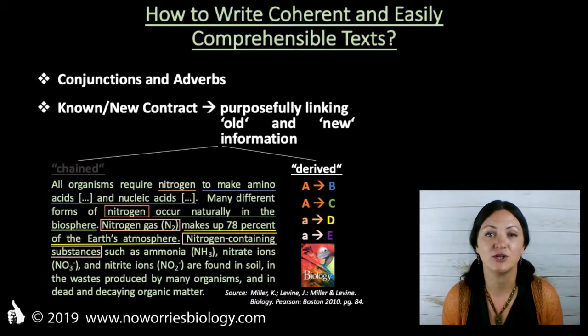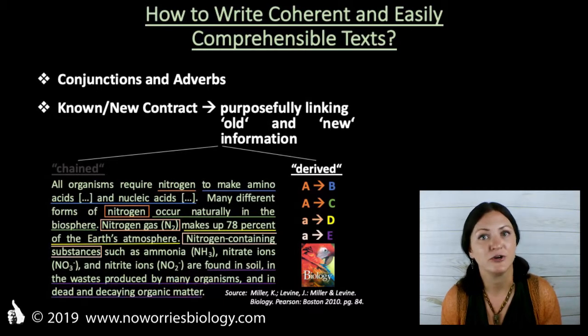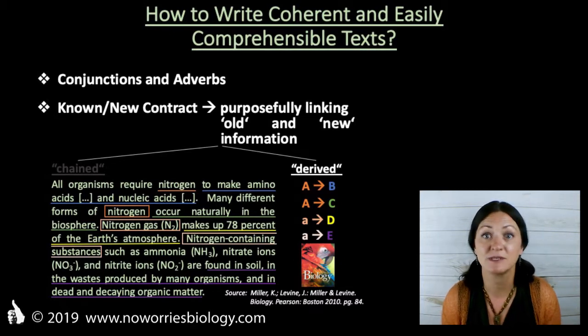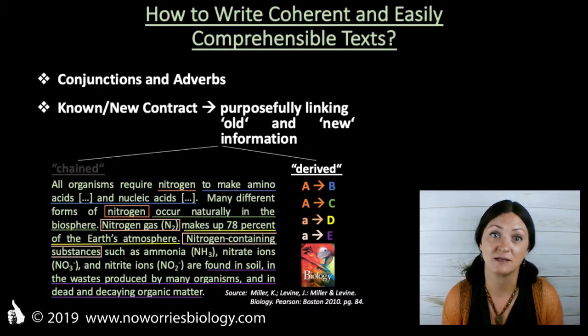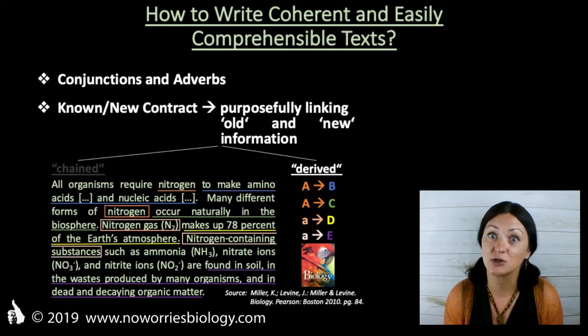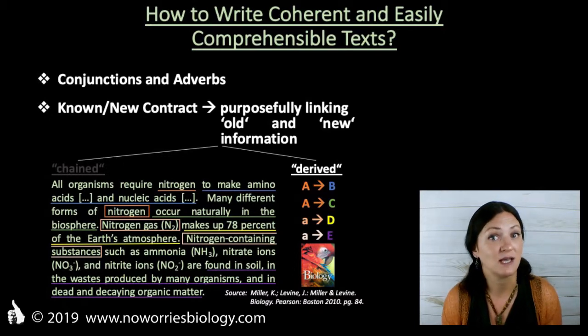And as new information, we learn where they occur. So, the nitrogen gas in the third sentence and the nitrogen-containing substances in the fourth sentence were topics derived from the original topic of the first and second sentence.